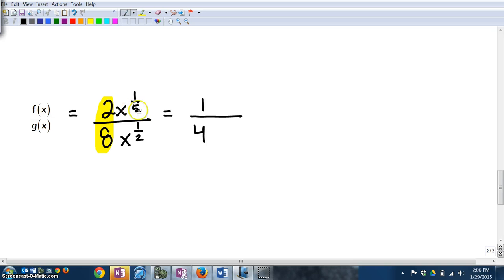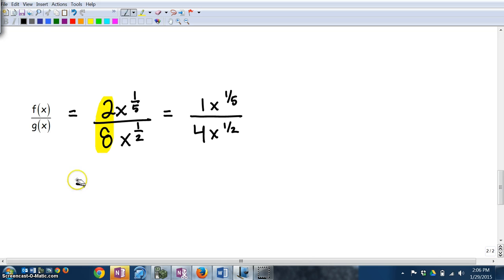And then remember, same base, we can subtract our exponents. 1/5 minus 1/2. And actually, 1/5 is smaller than 1/2. So, let me rewrite this. If we subtract, we are going to get a negative exponent.